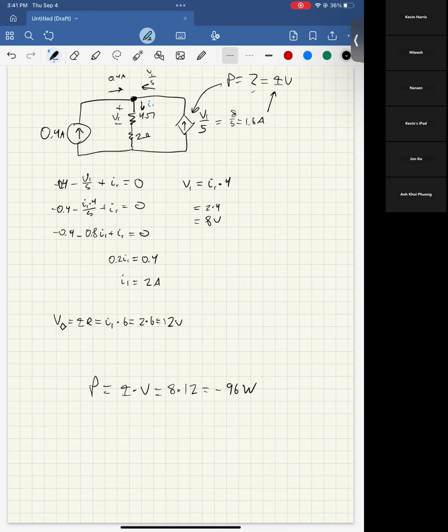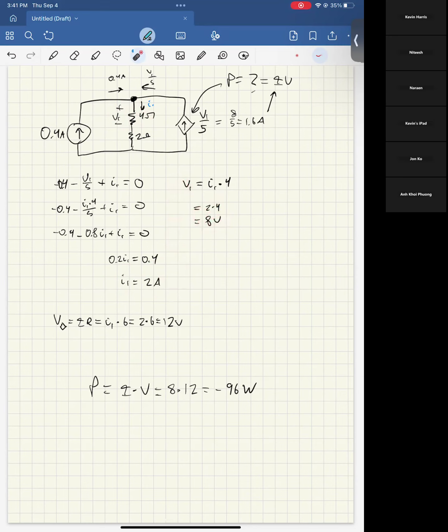I've got a quick question about the power. Where did you get the 8 from for the current? Here, so we found I1, and then if we have I1 here, remember V1 is this, so it's the voltage of this resistor. So we plug this in here, and we got 8 volts.